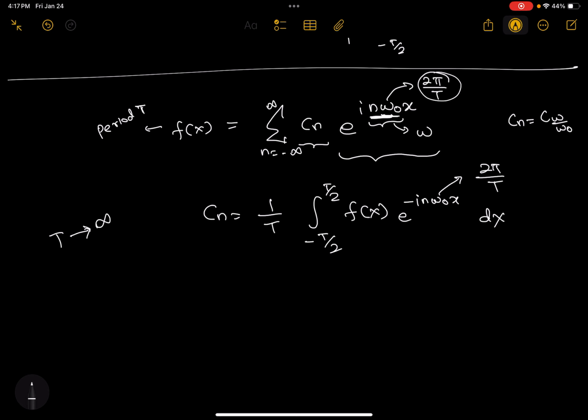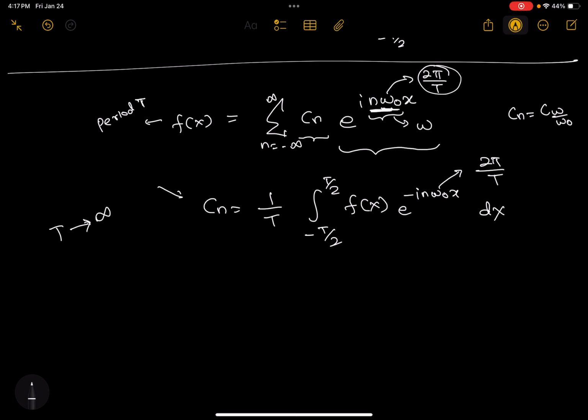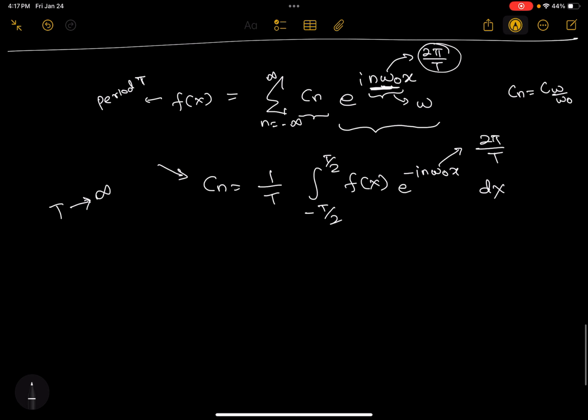That's why we are interested in c sub n, so we look at the second integral, where we get the idea of how to find c sub n. Over here, let me take this T to the other side, and there's a reason for doing that.